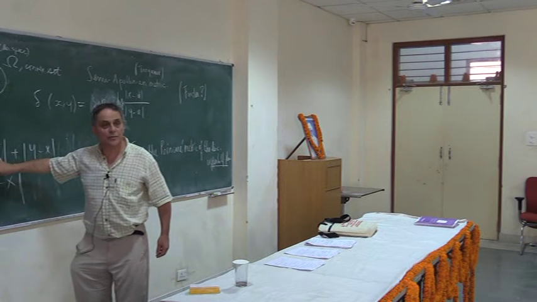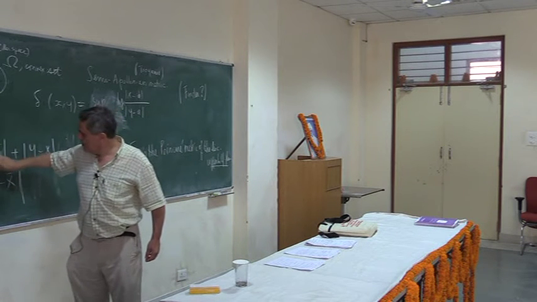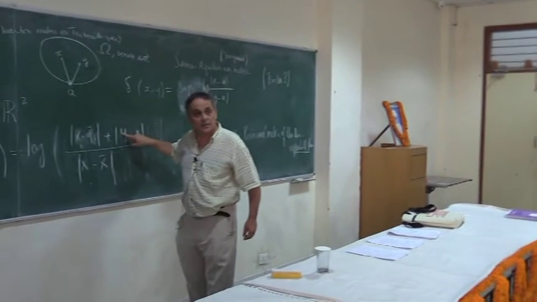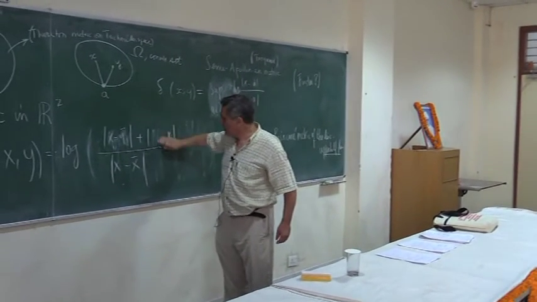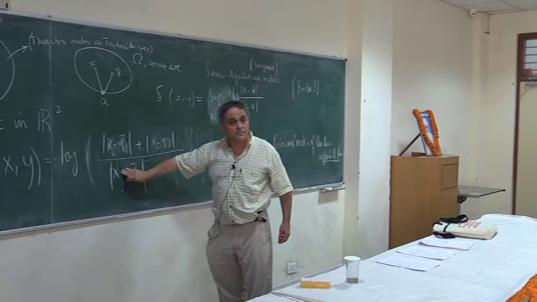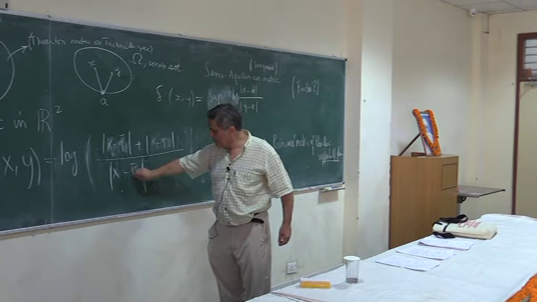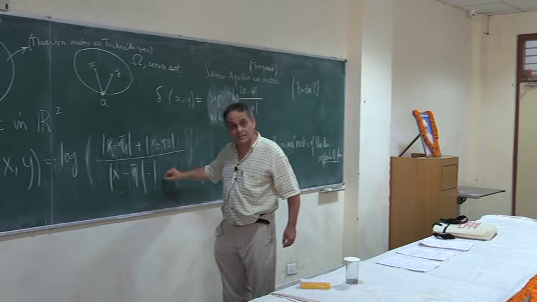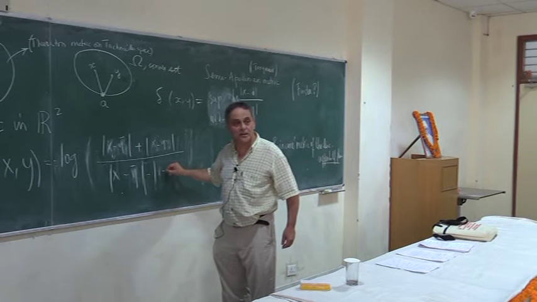So here I have to put what? X minus y bar and x minus y. Okay. And x minus y bar minus x minus y.